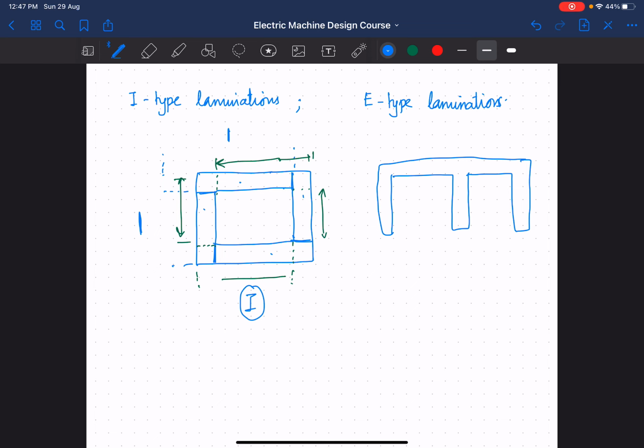It looks like the letter E. We call it the E type, and the other the I type.